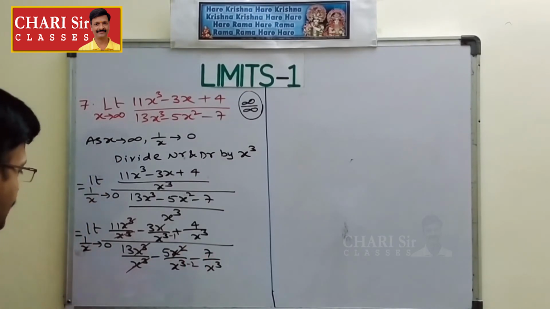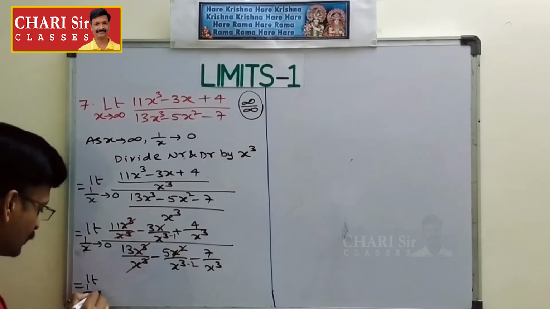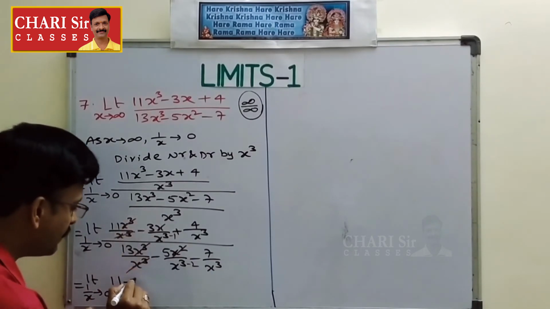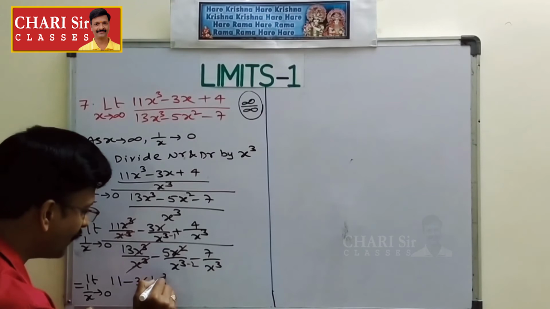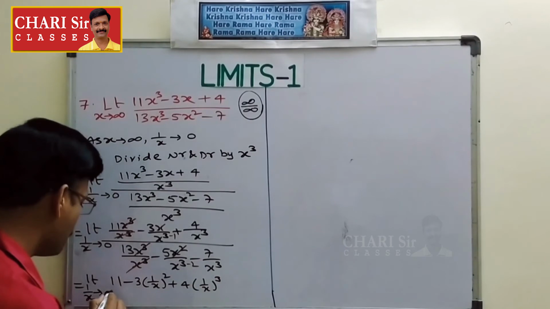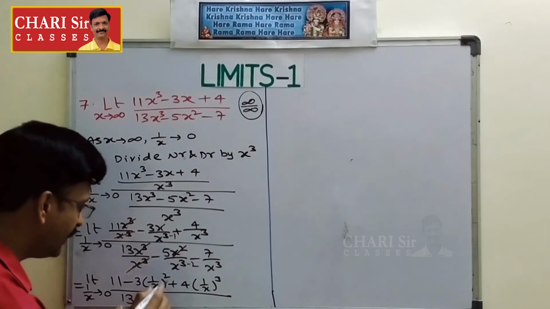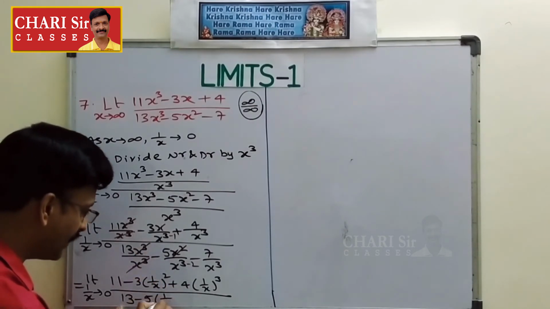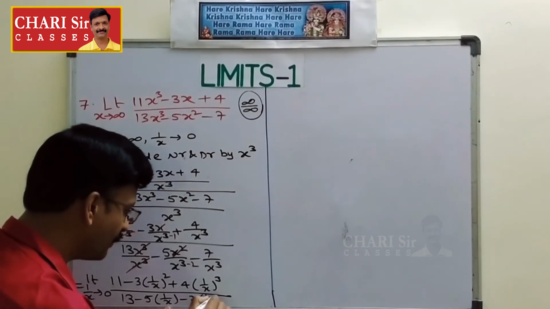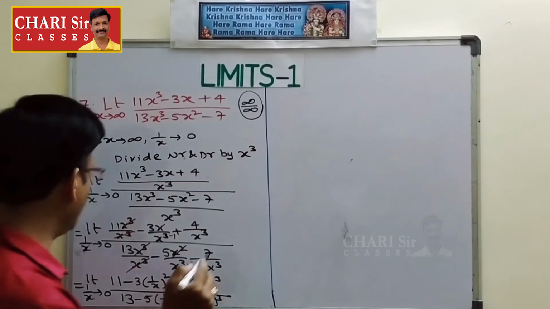So we can write limit 1 by x tends to 0, here 11 is left over, minus 3 into (1 by x) whole square, plus 4 into (1 by x) whole cube, divided by 13, minus 5 into 1 by x, minus 7 into (1 by x) whole cube. Now everywhere 1 by x is there. Now apply the limit.